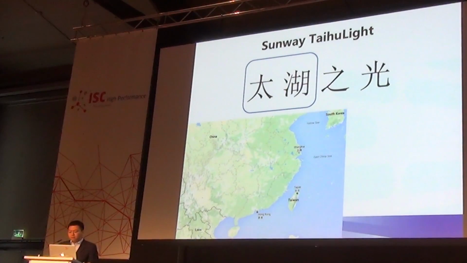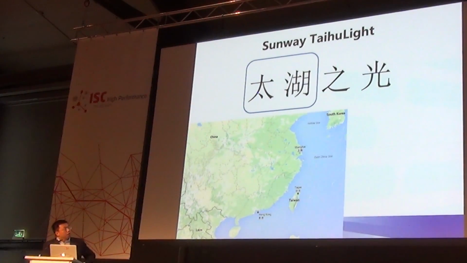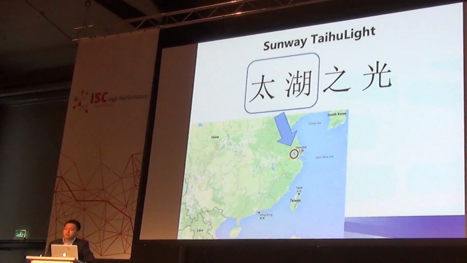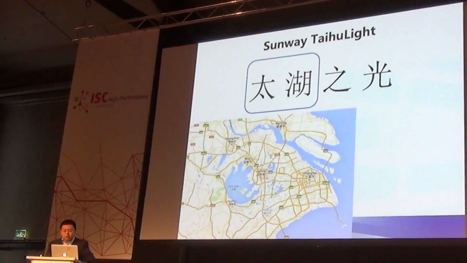And here is a map. It's actually a pretty large lake in the eastern part of China and very close to the city of Shanghai. If we zoom into the area around Lake Taihu, you can see even from the map a very high density of residential areas and different kinds of highways.